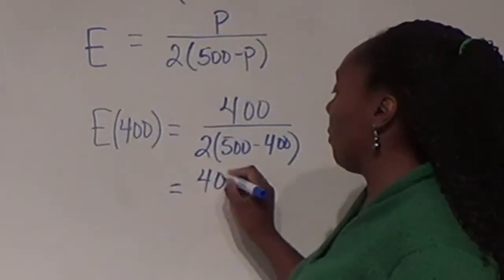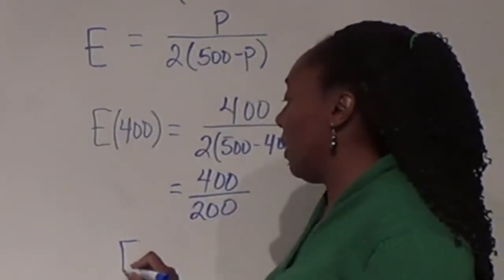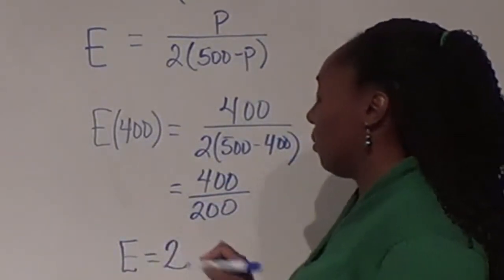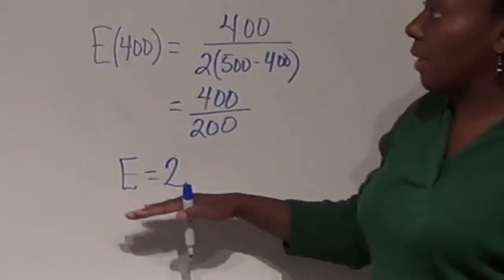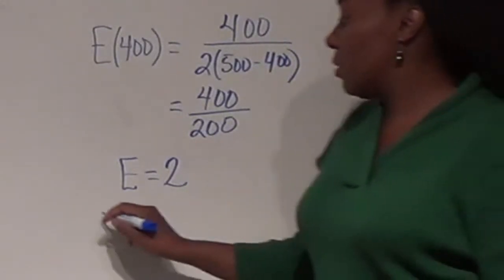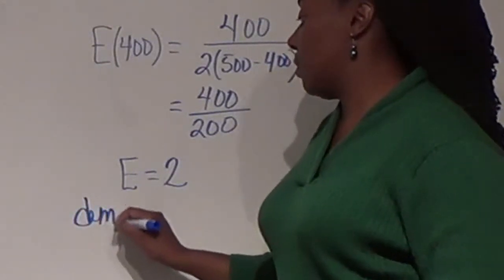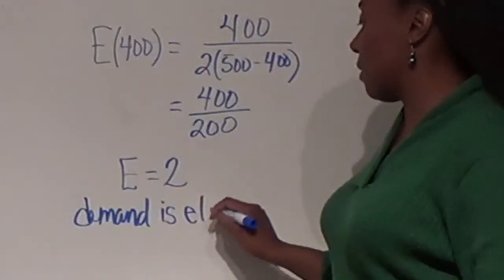So this is 400 over 200, or E will equal 2. From this, again, we see that E is greater than 1 in absolute value. So here we can say demand is elastic.